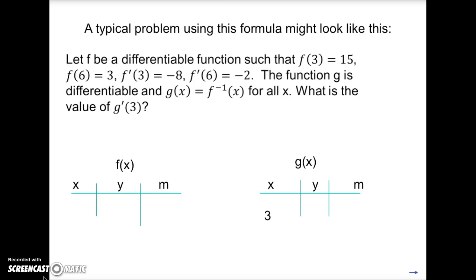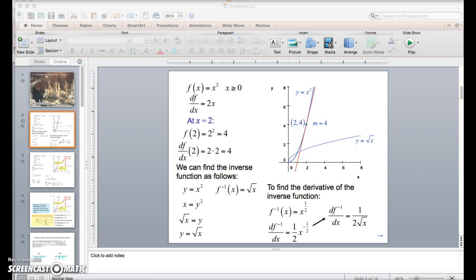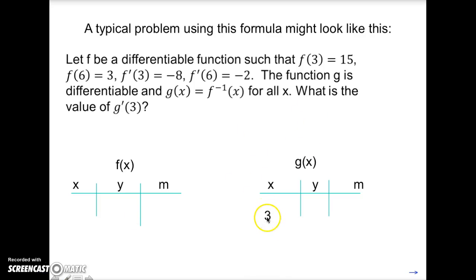That's like them asking me to find the slope of the g function when x equals 3. So notice the very first thing I did was to fill in that x equals 3. On the g function, I'm interested in the point on the g function where x is 3.